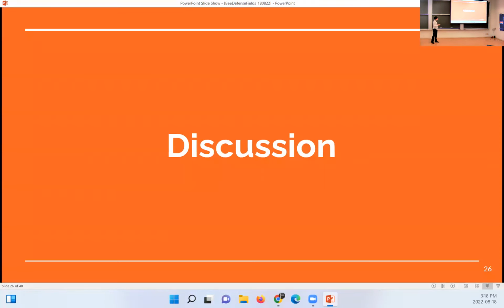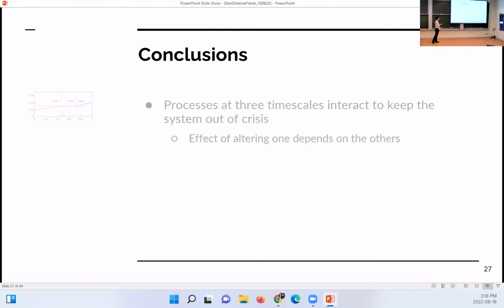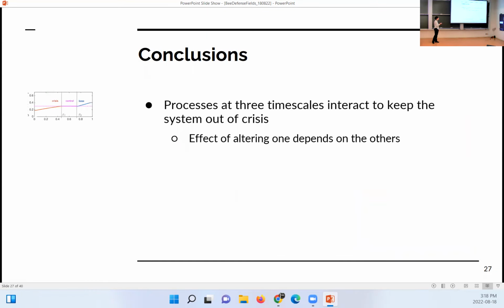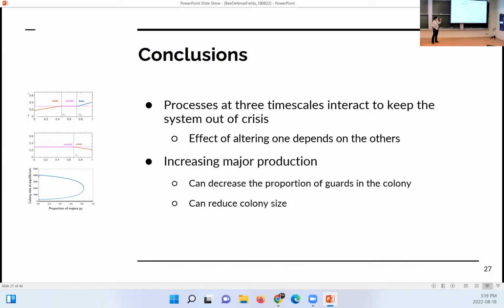So with that, I'll just summarize the results of this. So first, all three processes determine the effect of the other processes. So it's not like you can just move one of those independently of the others and expect to have a positive result, like increasing the number of majors will not necessarily get you more allocation to guarding, and will not necessarily increase your colony size.